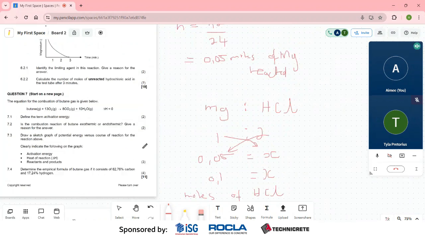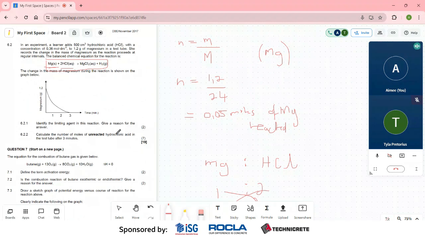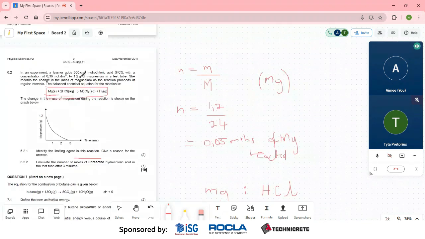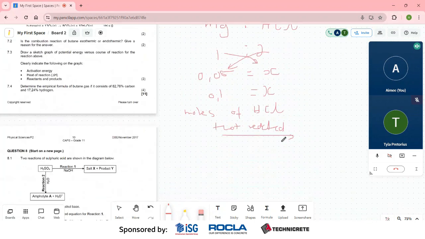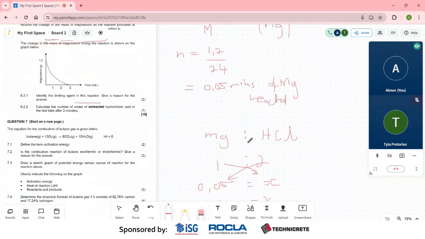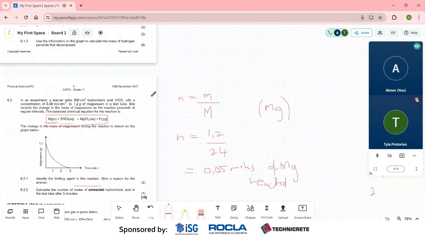So we know how much reacted, okay? They said that they want to know the number of moles of unreacted. So we need to first go and find out, okay, well, if this is how much reacted, how much did I start with? And then I can subtract them.